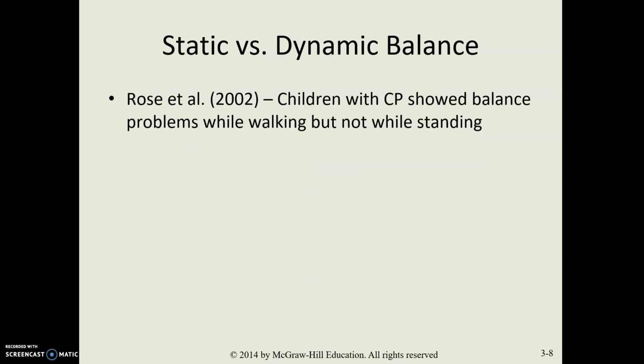And in the research, they found that, in fact, Rose, along with colleagues, found that children that had CP showed balance problems while walking, dynamic balance, but when they were just standing, they did not have balance problems. So again, demonstrating that you are dealing with two different underlying motor abilities.